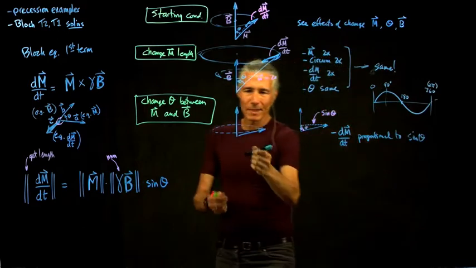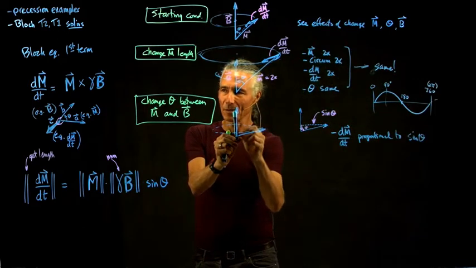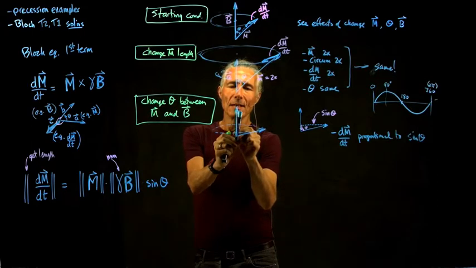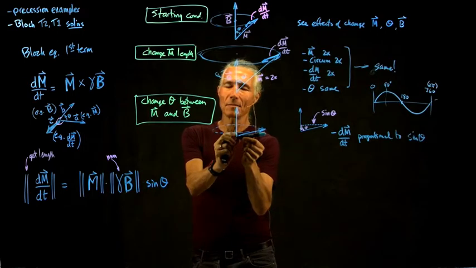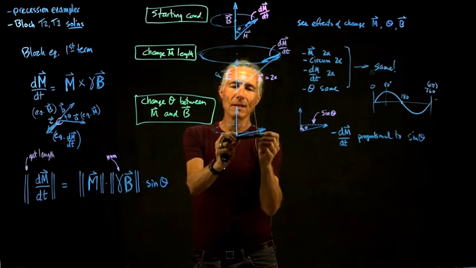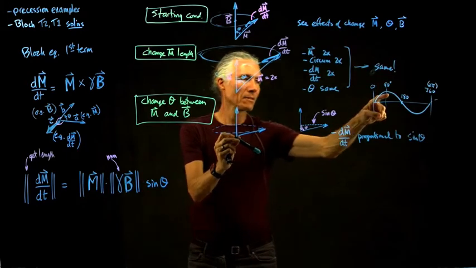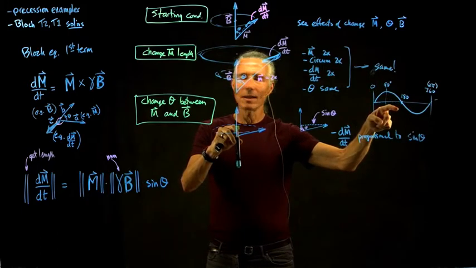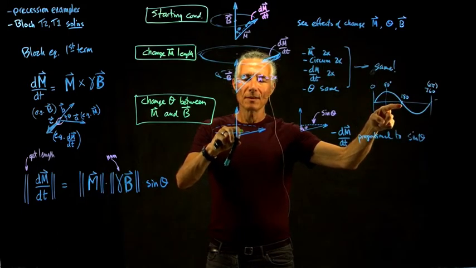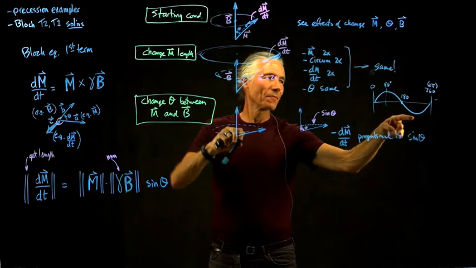That makes sense, because that's the way the cross product works. As the two vectors become perpendicular, that's when the cross product has the largest amplitude. Then if you continue, it starts to go down again, and it reaches 0 when you're parallel. And if you continue this way, it's going to be negative.